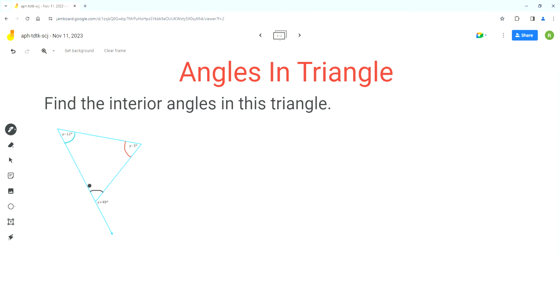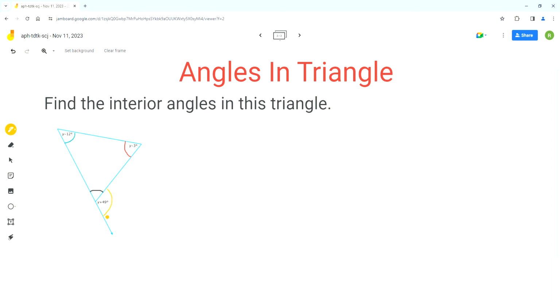Now we are given an expression for the value of this blue angle, this red angle, and we are given an expression for the value of this exterior angle.